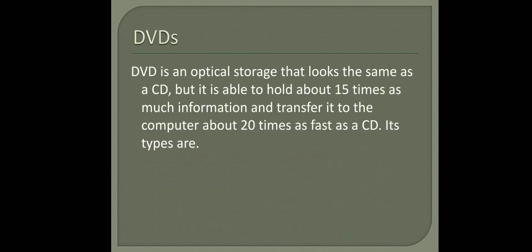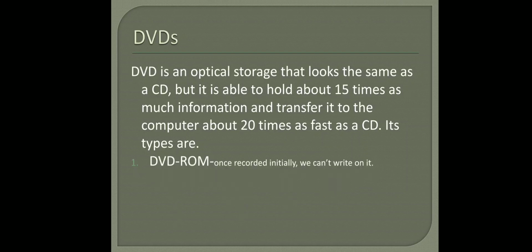DVDs are the same optical devices, but they can store more data, more information than CD. DVD is an optical storage that looks the same as CD, but it is able to hold about 15 times as much information and transfer it to the computer about 20 times as fast as CD.